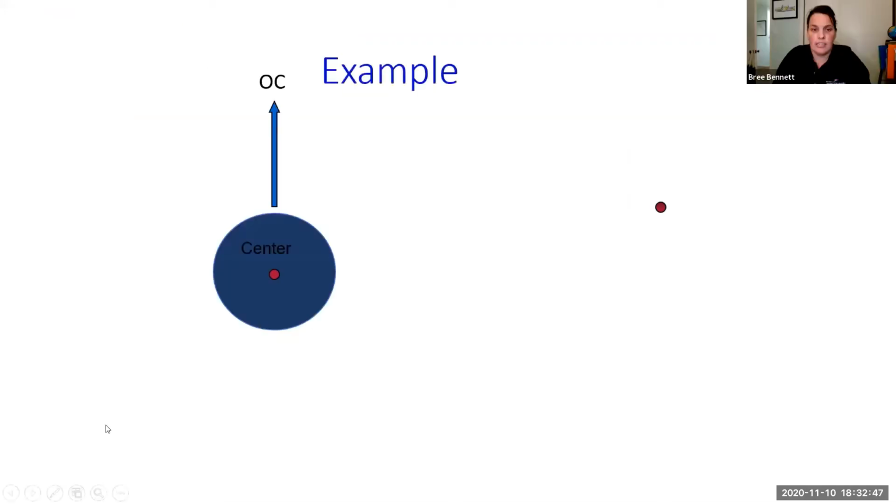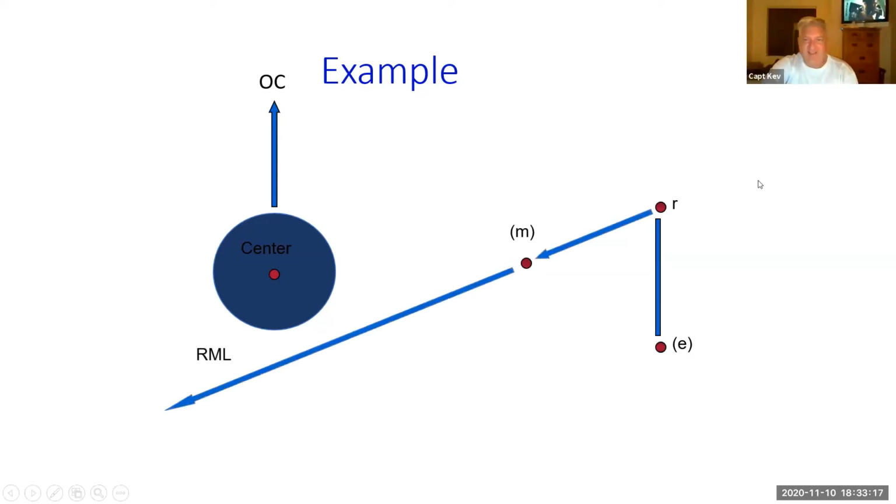So let me go back. Okay, so we blip on the screen, marked R. We're waiting to mark M. So during that time, we're going to transfer over our own course line and measure our own speed. So we're creating our own vector. So we mark that E. Okay. And then 6 minutes later, we mark the range and bearing. Mark it M. We connect R to M, and we get our relative motion line.